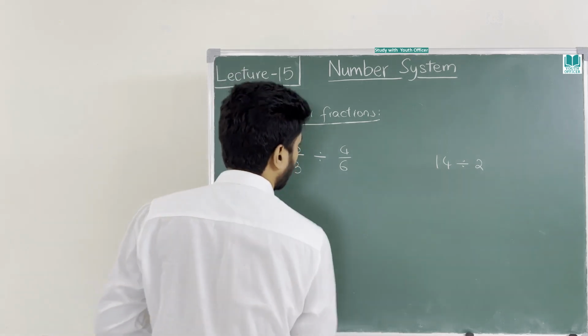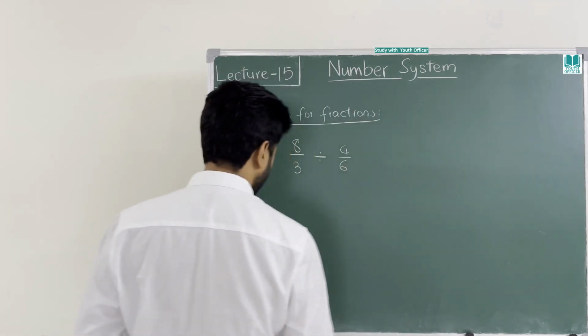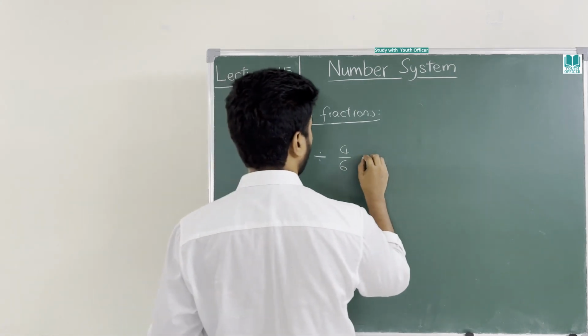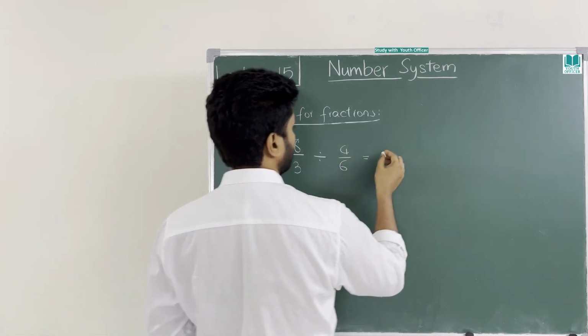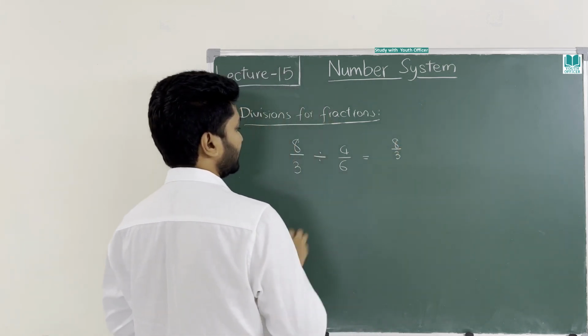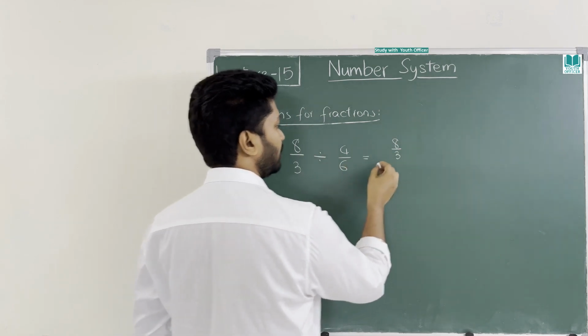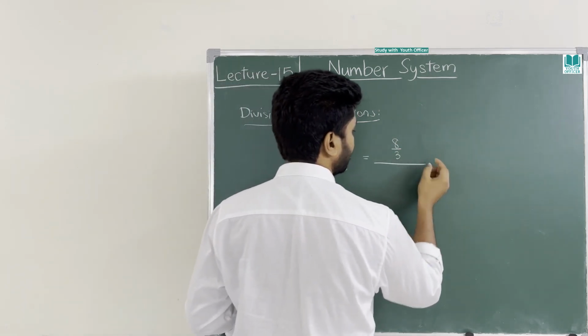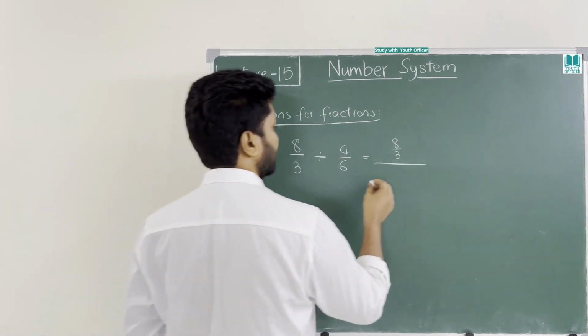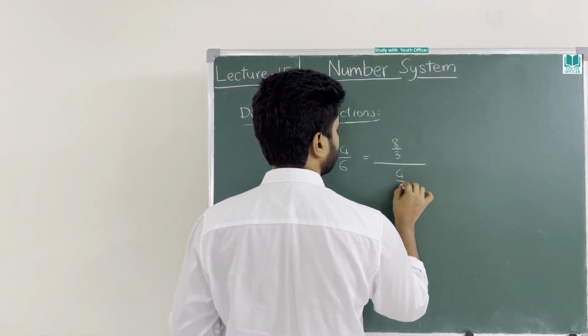Okay, I'll show you how we are going to convert this. Beautiful fractions. Come on. 8 by 3. This is a fraction. This divided by, we will use this notation, big by we write. After that, you have to write 4 by 6.